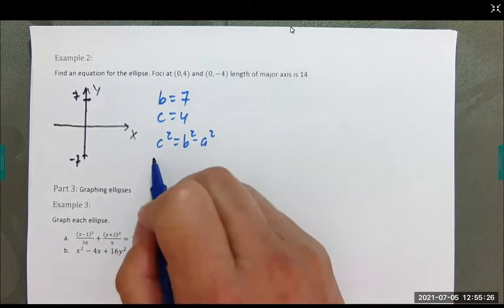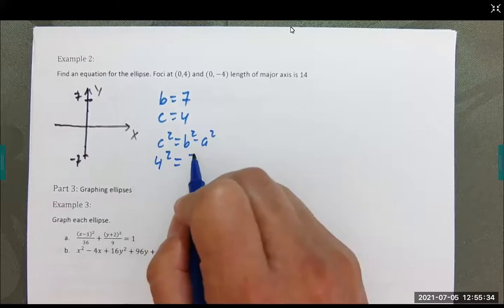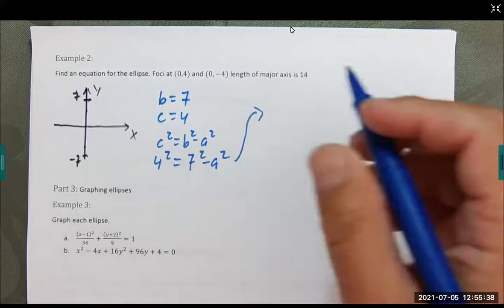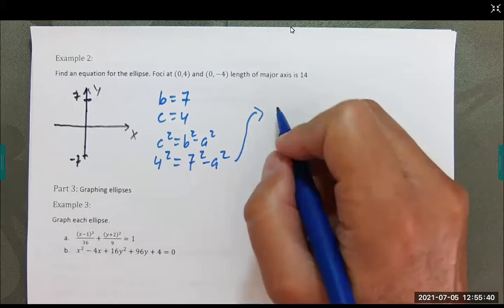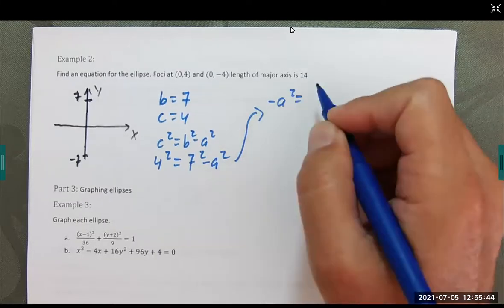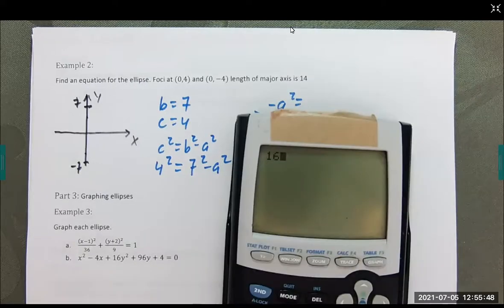I'll just write 4 squared equals 7 squared minus a squared. This means that -a squared is equal to 16 minus 49, -33.